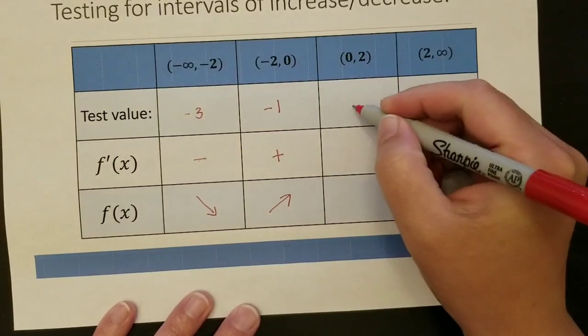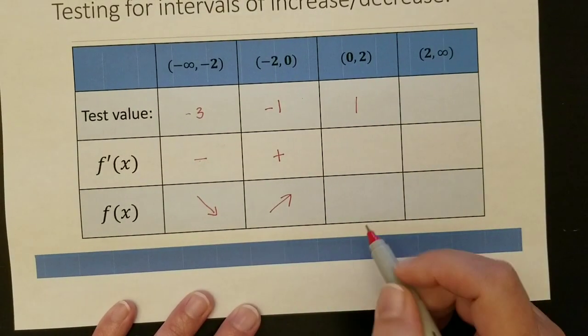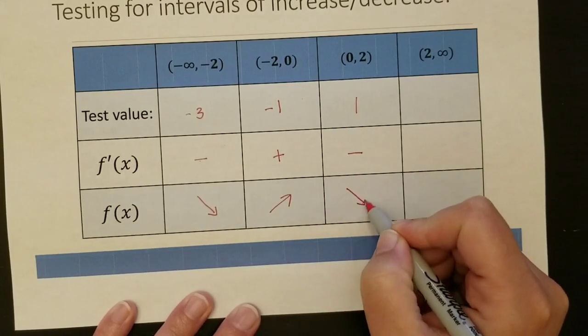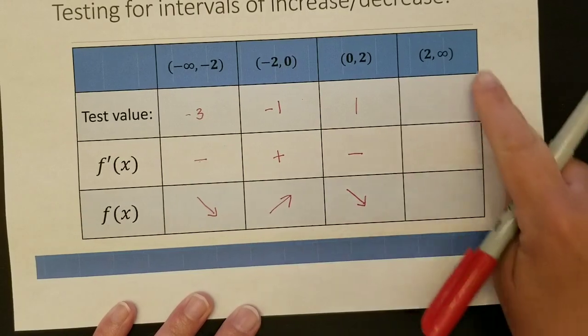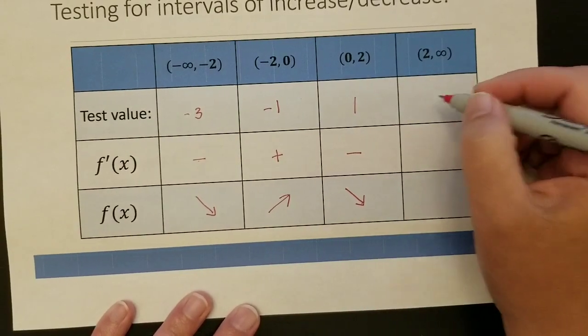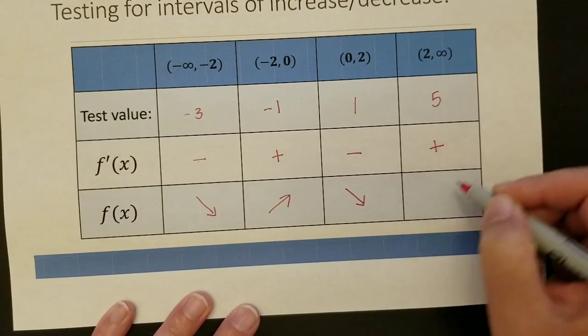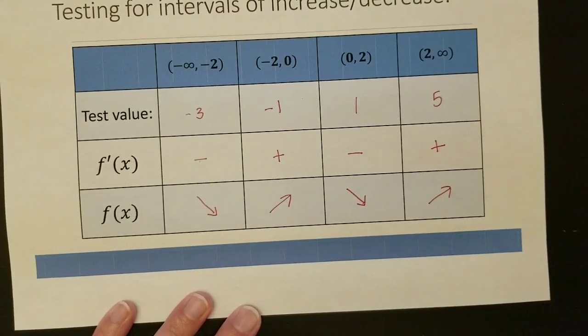Between 0 and 2, I would substitute in 1, and I know that will give me a negative value, and it means your function is decreasing, and any number bigger than 2, so you could substitute in 5, doesn't matter. That'll give you a positive value and shows your function is increasing.